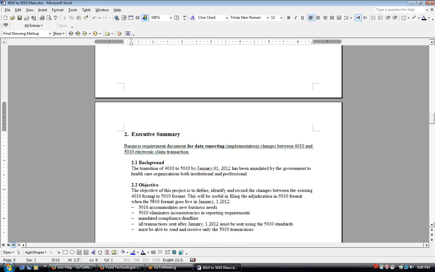So that's the background to it, and the objective being why 5010. The objective of this project is to define, identify, and record the changes between the existing 4010 format and the 5010 format.